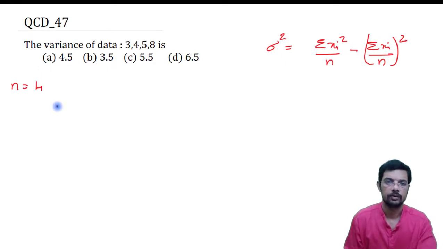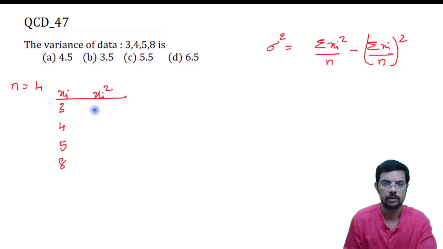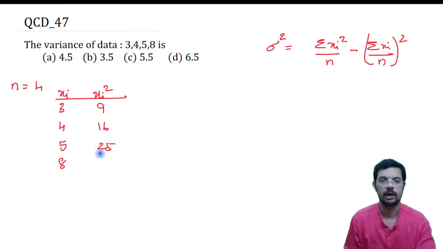So we shall write down 3, 4, 5 and 8, this is your xi. Then we have xi square: 3 3s are 9, 4 4s are 16, 5 5s are 25, and 8 8s are 64.